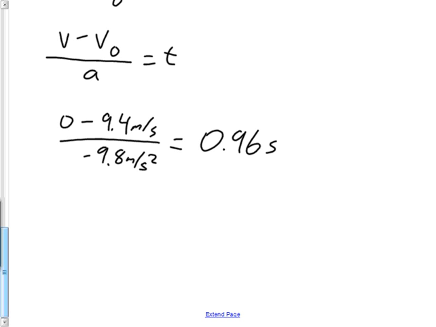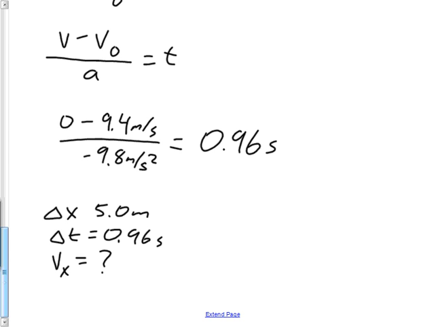I have a change in x of 5.0 meters. I have a change in time of 0.96 seconds. And again, remember, we want to know the x component velocity. We don't know that, but look at these two things that we have, and one thing that we need to know.